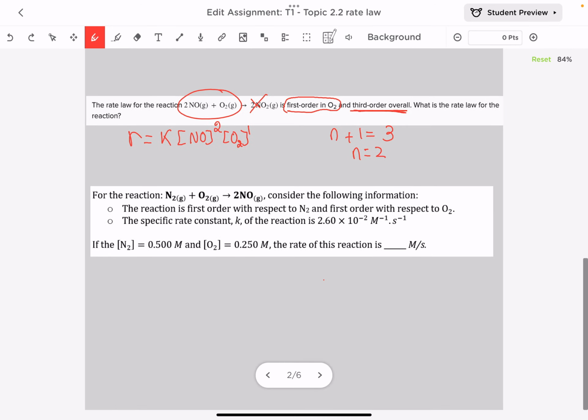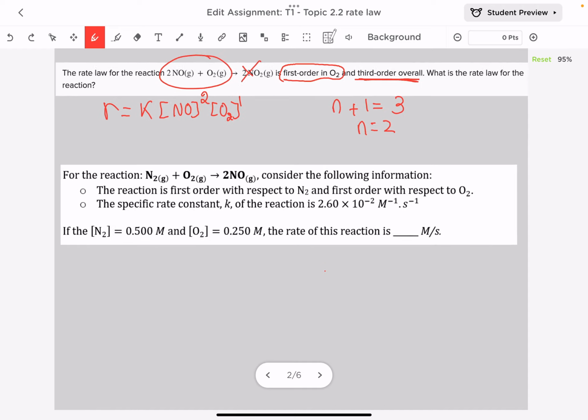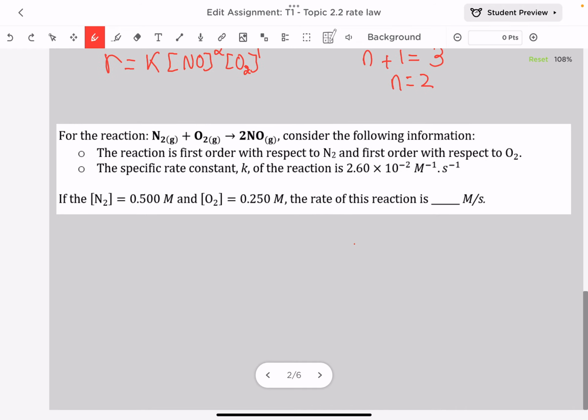Now, let's take a different question. Consider the following information. This will not be included in the formula of the rate law because it's a product. Now it's saying the reaction is first order with respect to N2 and first order with respect to O2. So here's the formula of the rate law. First order with respect to N2, first order with respect to O2.